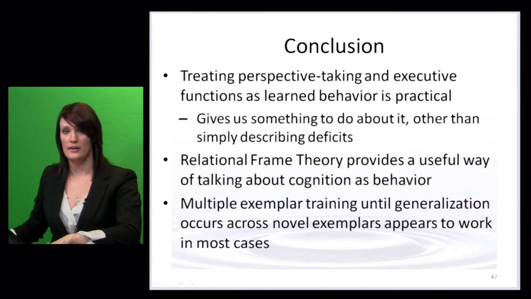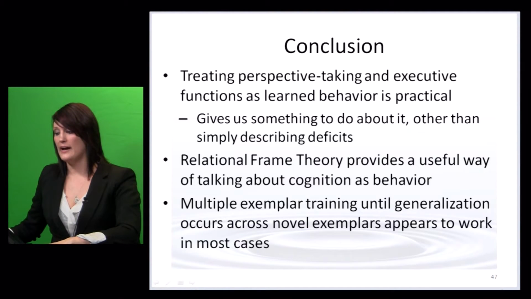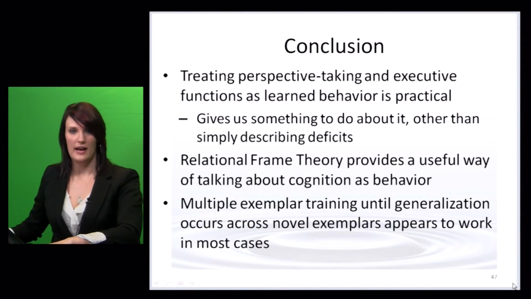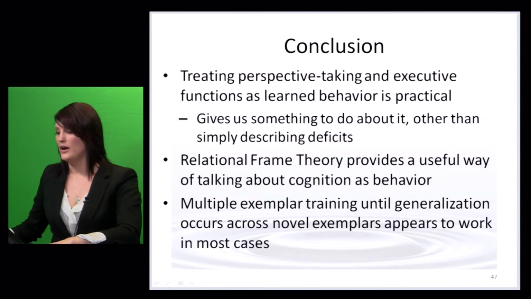In our presentations, in our research, we have found this method to be very effective at teaching these skills. We have primarily used this method and haven't explored other methods. So for the most part, this seems to work very well, but there may be other methods out there that are more effective.